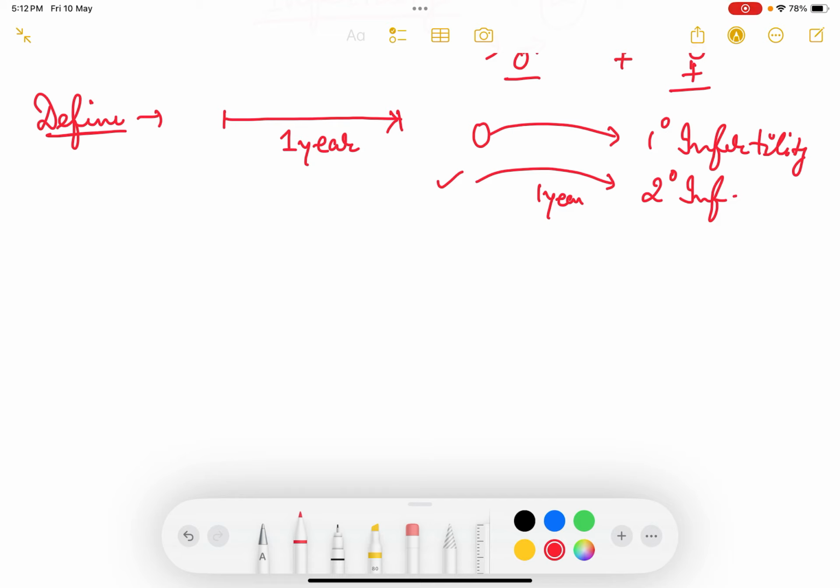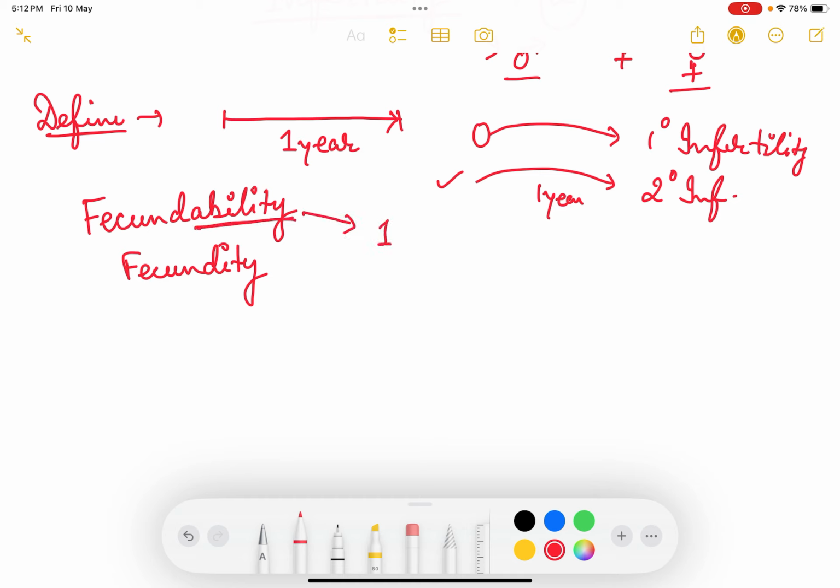The other thing which is very important is what is fecundity and fecundability. These are two terms which we generally use. Fecundability is the ability to conceive in one menstrual cycle.